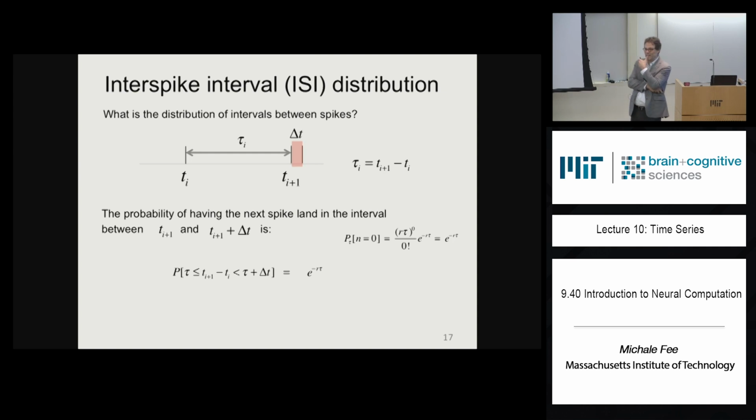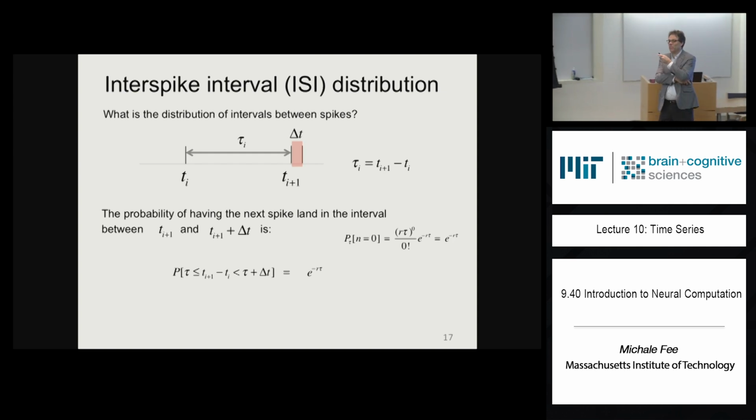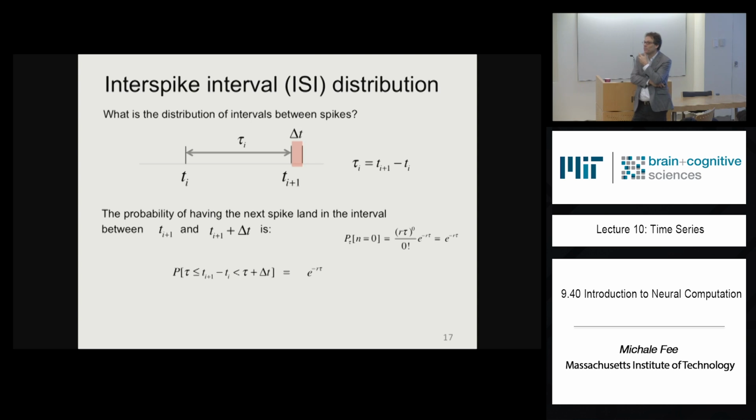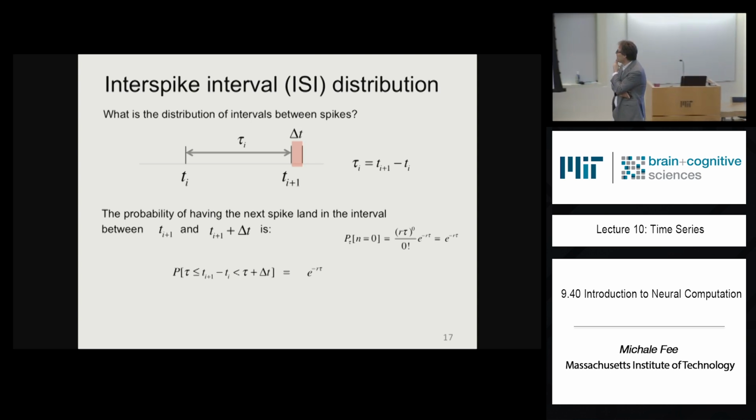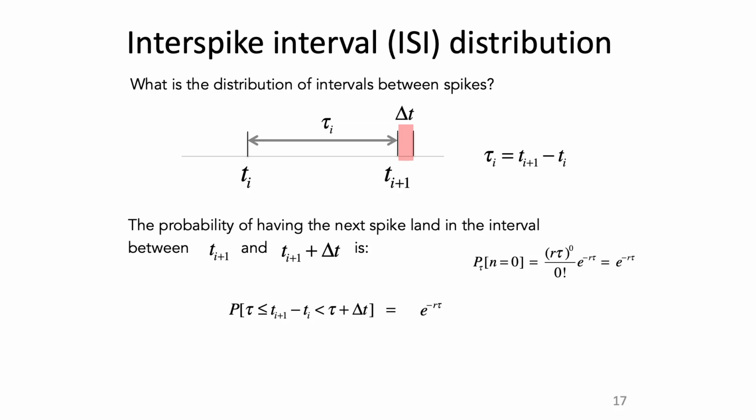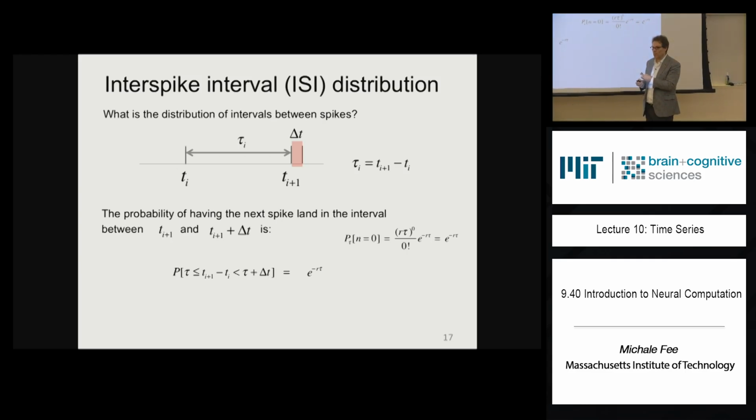Any thoughts? What's that? Yeah, you could do that. But we sort of derived the Poisson process by using the answer to this question already. R delta t. Good.